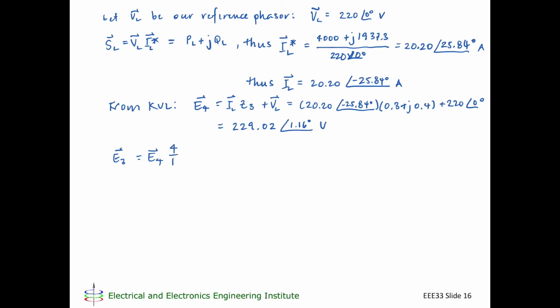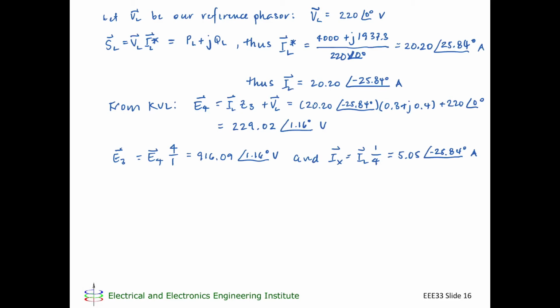That's the turns ratio of transformer 2, which will give me 916.09 at an angle 1.16 degrees volts. And I of X is equal to I of L times 1 over 4. This is the inverse of the turns ratio, which is 5.05 at an angle minus 25.84 degrees amperes.